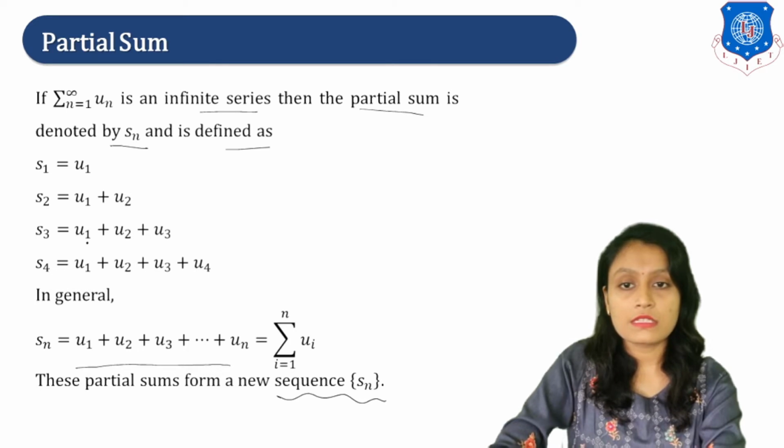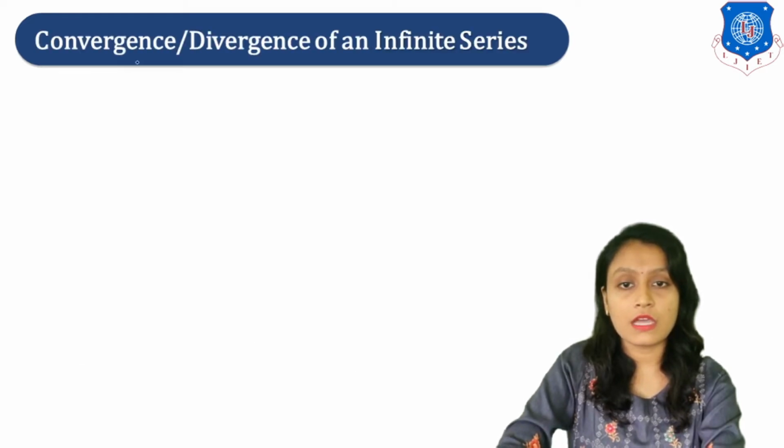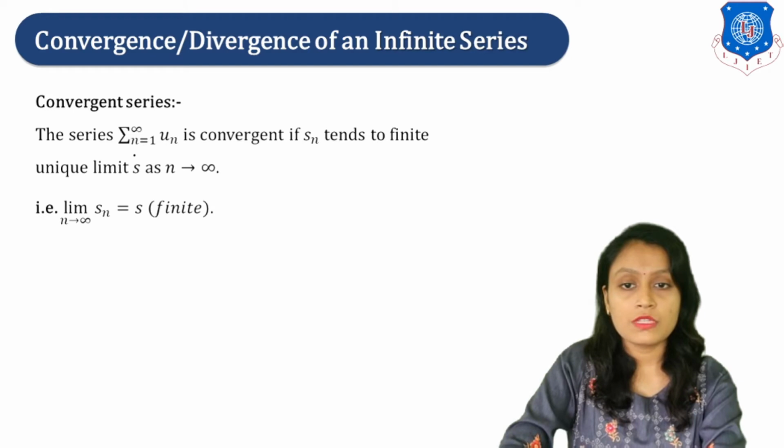Now let's discuss another topic, that is convergence and divergence of an infinite series. Firstly we will discuss convergent series. The series un is convergent if Sn, the partial sum of the first n terms, tends to a finite unique limit S as n tends to infinity.